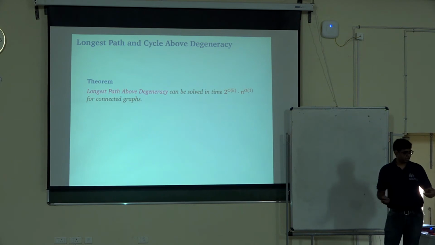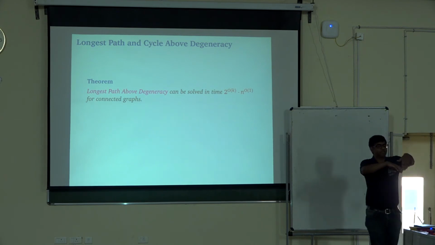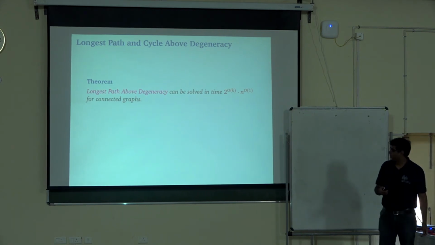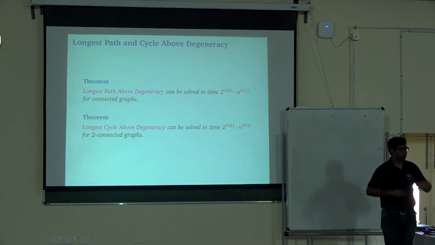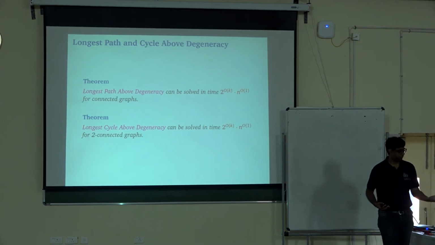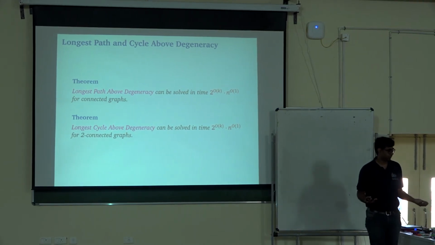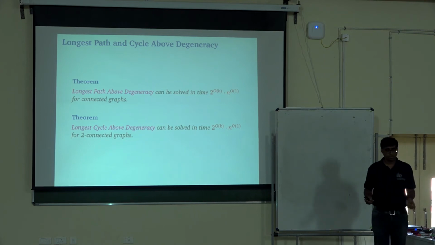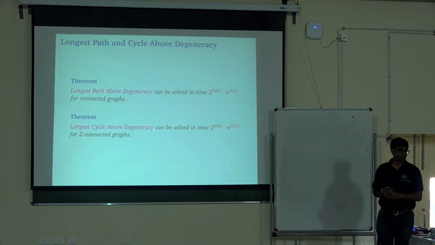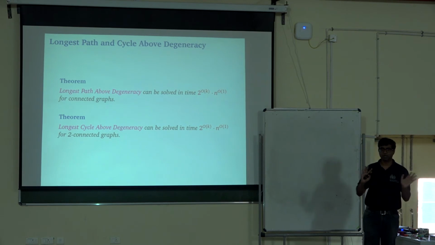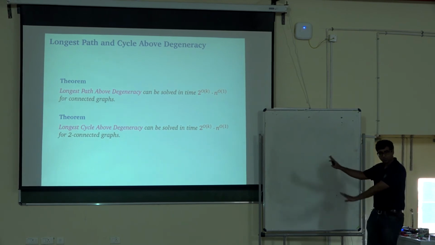For cycles, you just identify one vertex with this clique, and if the initial graph was connected, then this graph will also be connected. But if I assume the graph is two-connected, which is a very reasonable assumption when trying to find a cycle, because anyway you could go to each block, then one can get this kind of FPT algorithm.